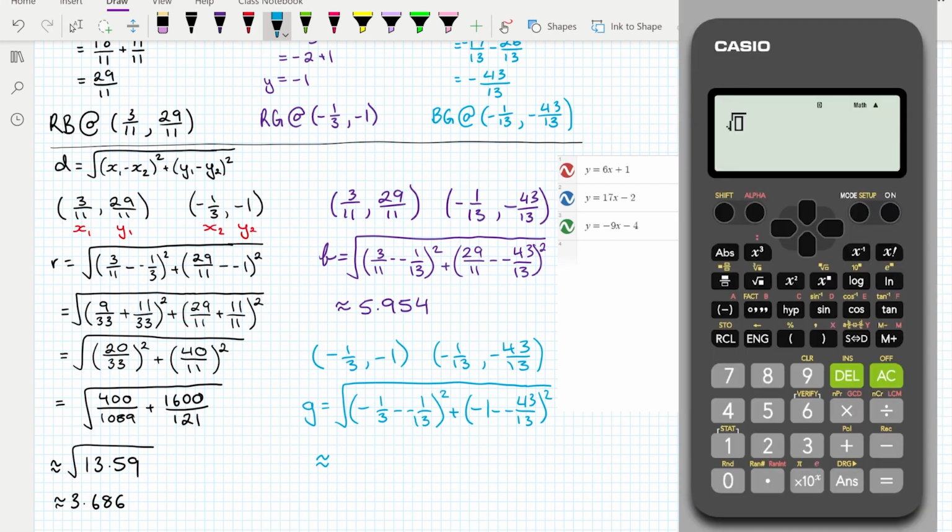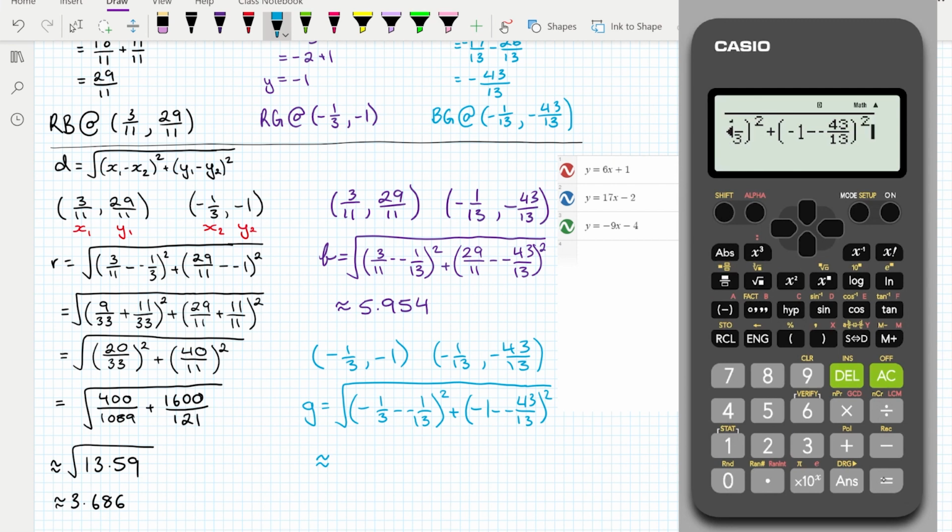I'm going to clear this off and we're going to go again with negative 1 over 3 minus negative 1 over 13 squared plus negative 1 minus negative 43 over 13, squared.